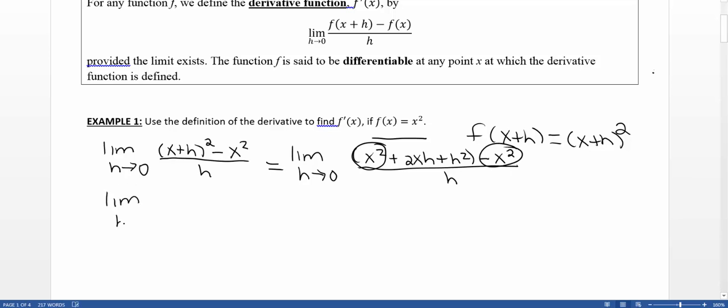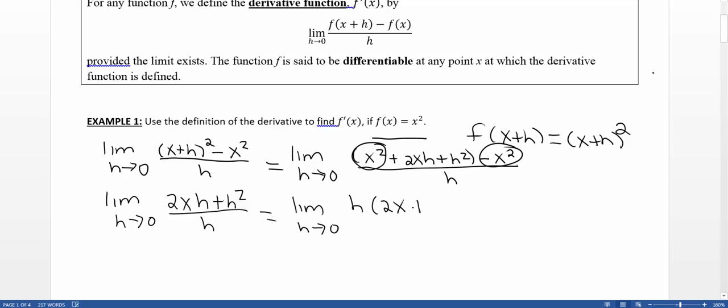So those two terms will cancel, which leaves us with 2xh plus h squared divided by h. We can factor out an h term in the top here. So we have h times (2x plus h), all divided by h. Our h's will cancel, and we're left with the limit as h goes to 0 of 2x plus h.